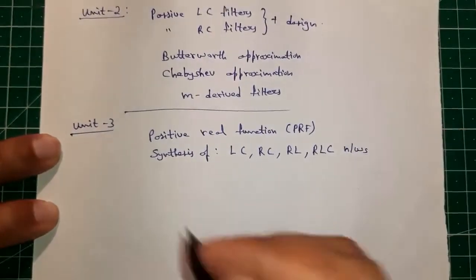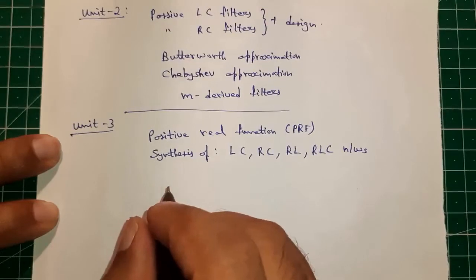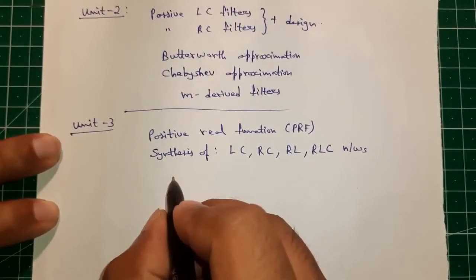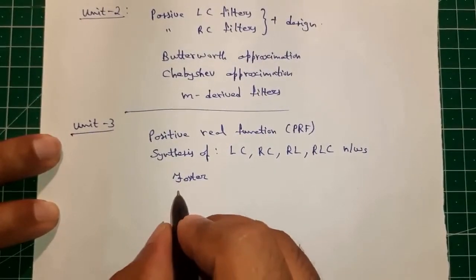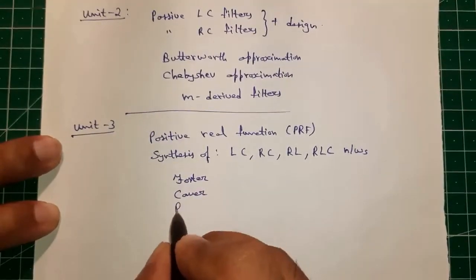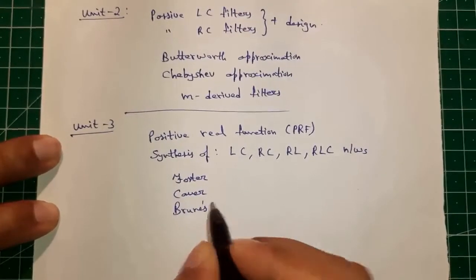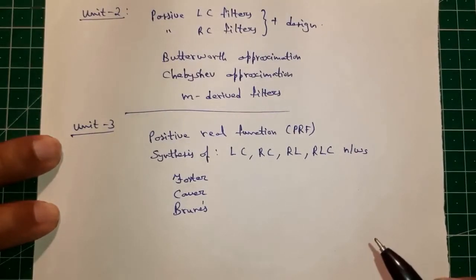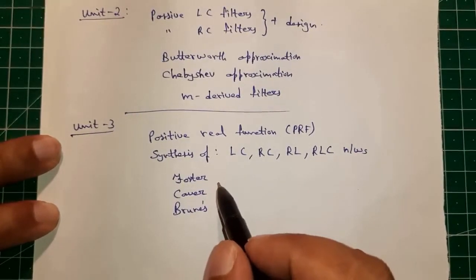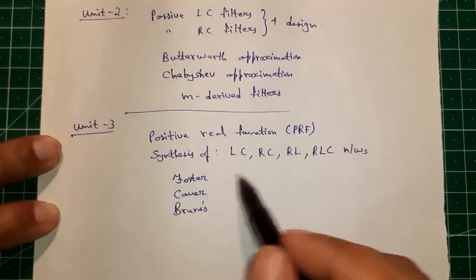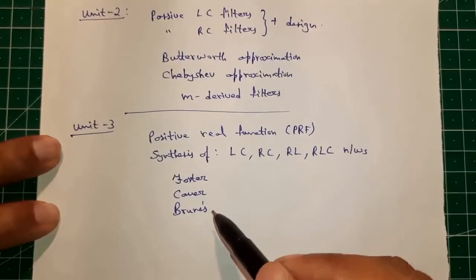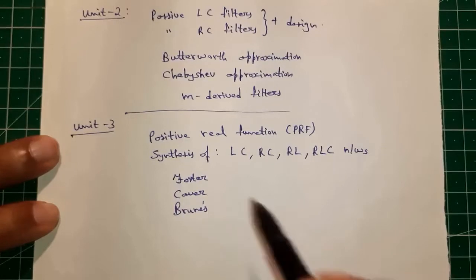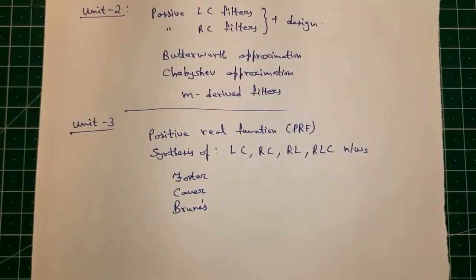Okay, so some methods like Foster, Cauer, Ronis, some mathematical methods are available like this. Foster's first form, Cauer first form, like that. So we'll see how these network synthesis methods are going to vary, what are its layout, like that.